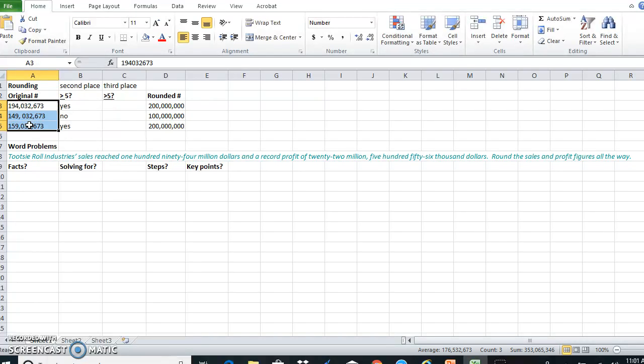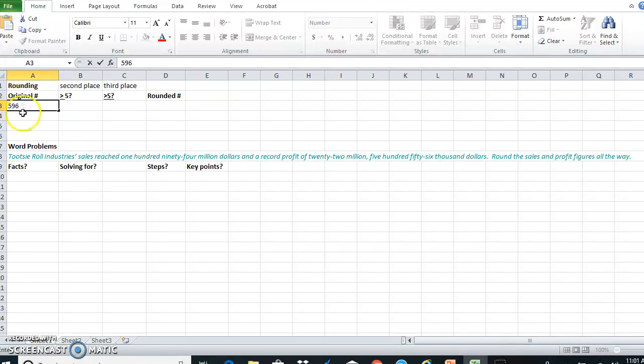So I want to leave that there for just a second, and now let's figure out some smaller numbers. Okay. Now let's round these all the way. And when I say round all the way, I mean round it up to the largest number that it can be.